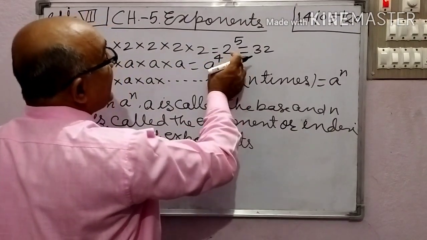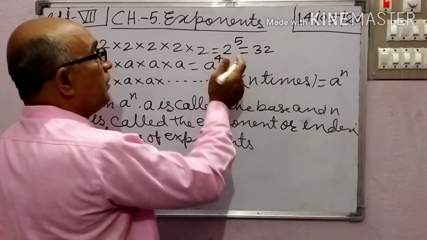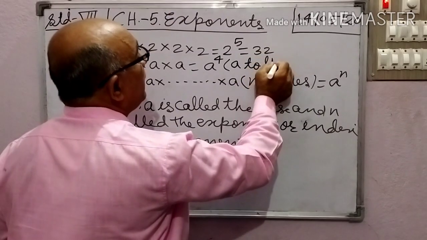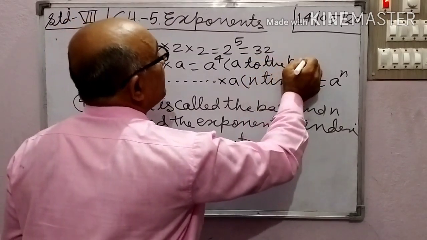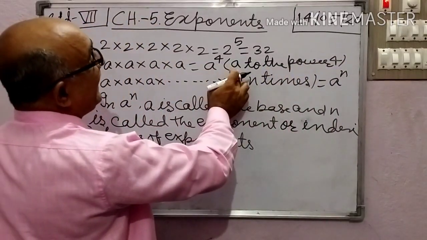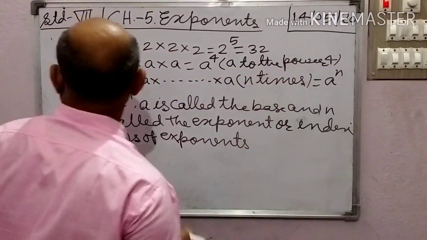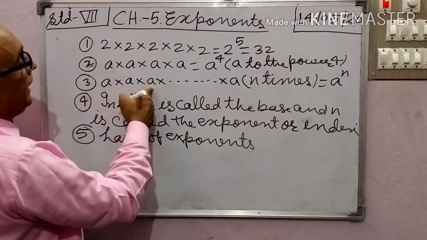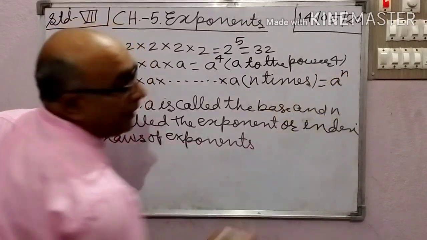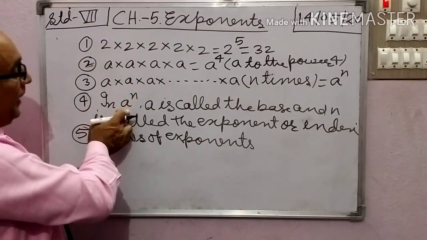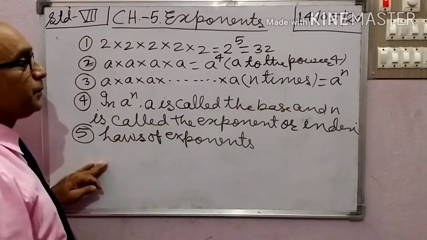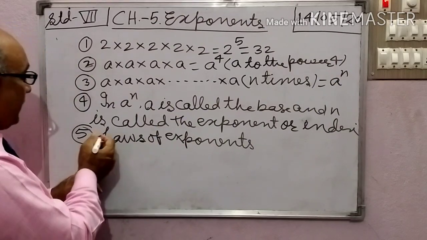It reads A raised to the power 4. Now A into A into A dot dot dot into A n times equals A to the power n. In A to the power n, A is called the base and n is called the exponent or index.